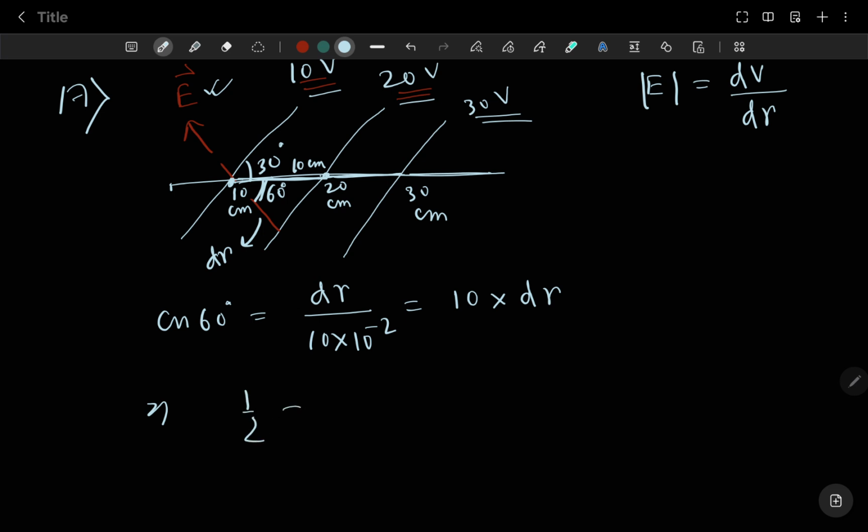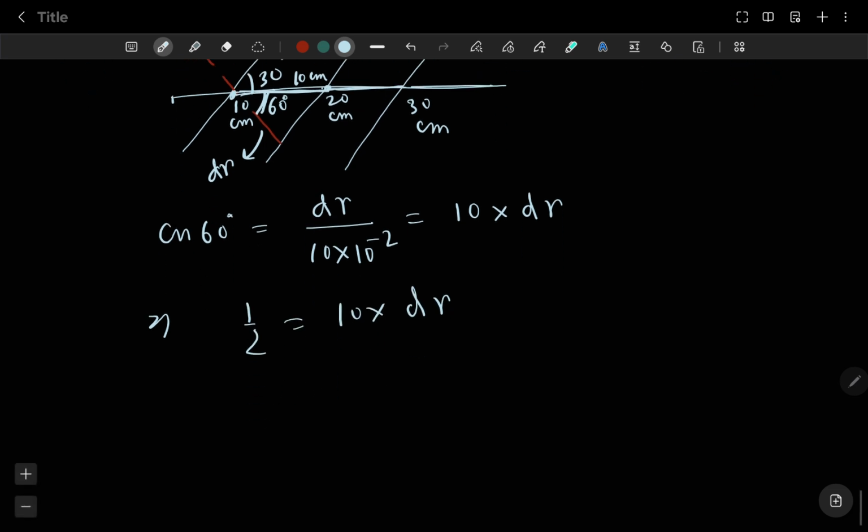So it is half, 10 into dr, so dr becomes 1 by 20. Clear?